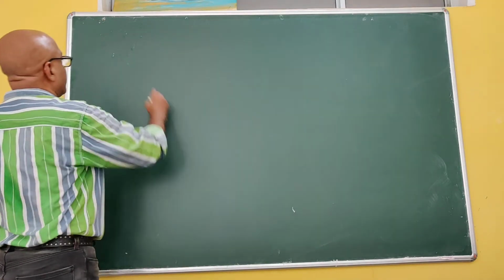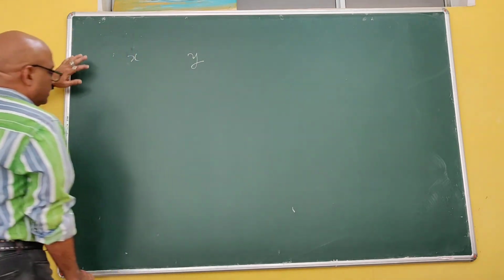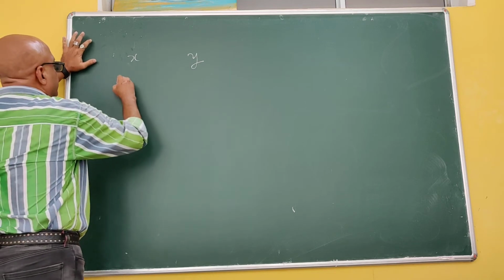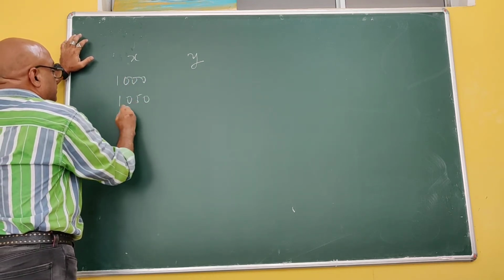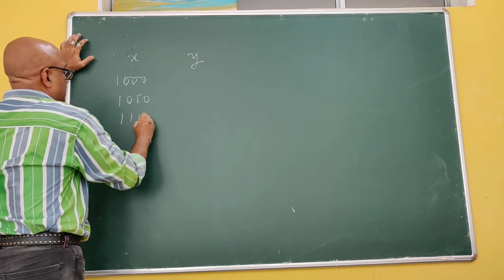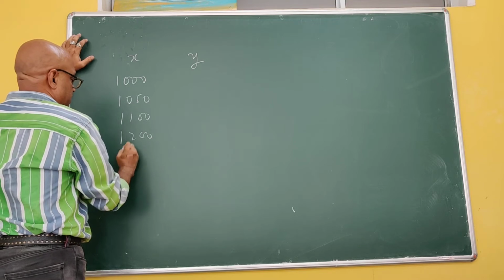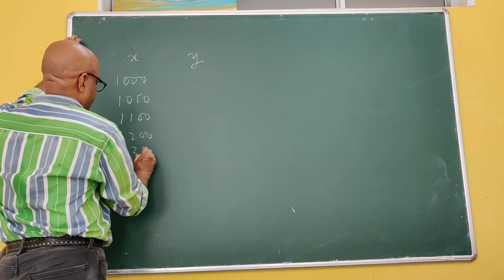Now you know when the values of x and values of y are large, not just many but large, you may have something like 1000, 1050, 1100, 1200, and something like 1350.